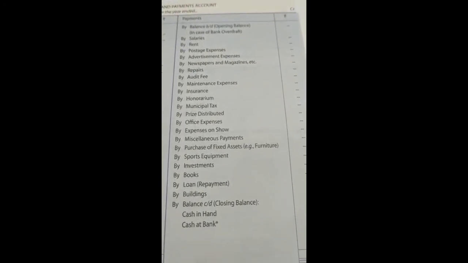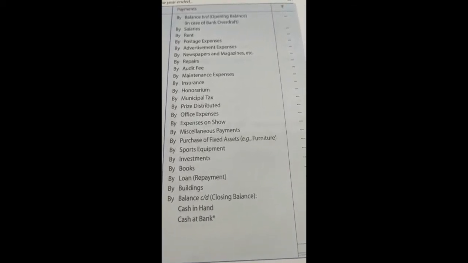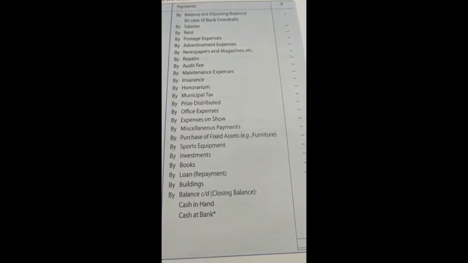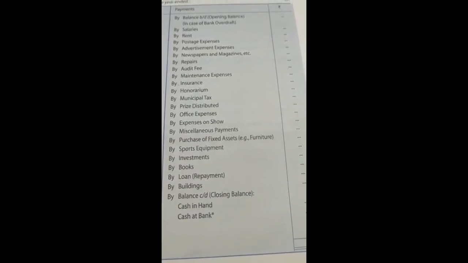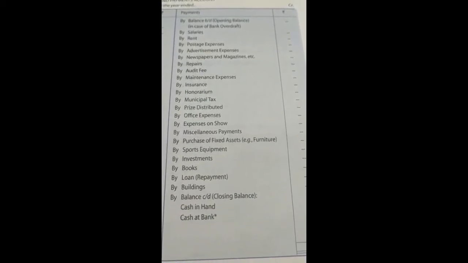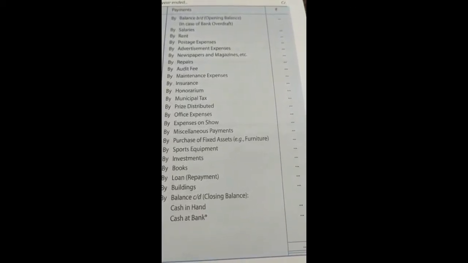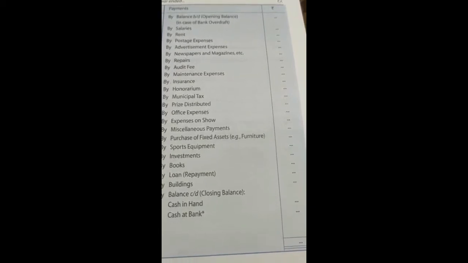Now again, by building means we have purchased the building. Whatever amount is paid becomes your payment. So by building, on the credit side, is the payment for purchase of building.